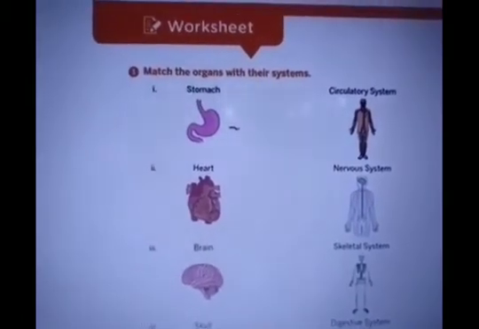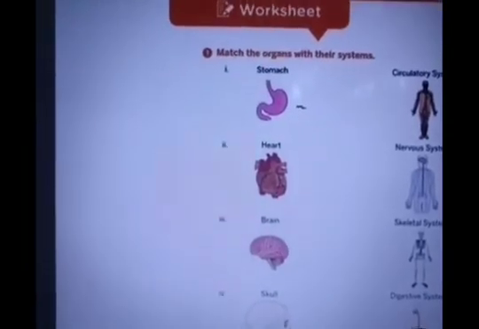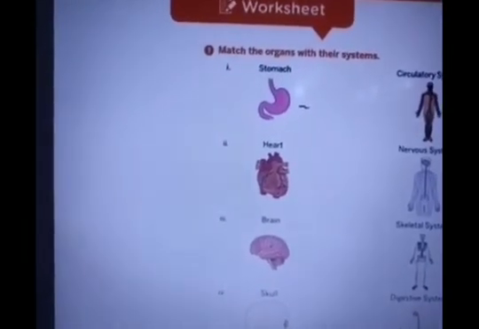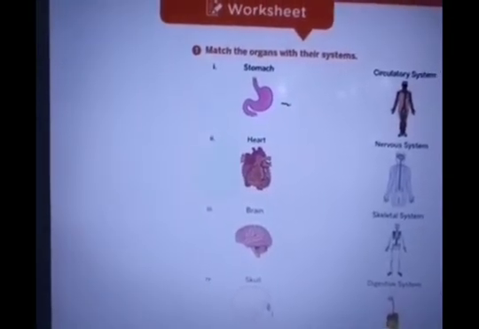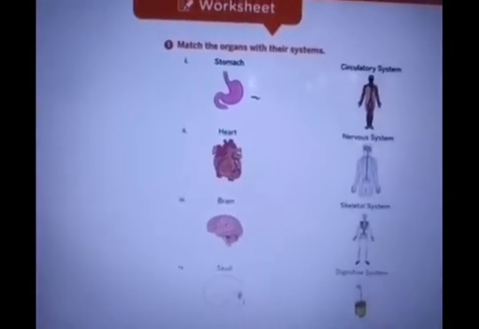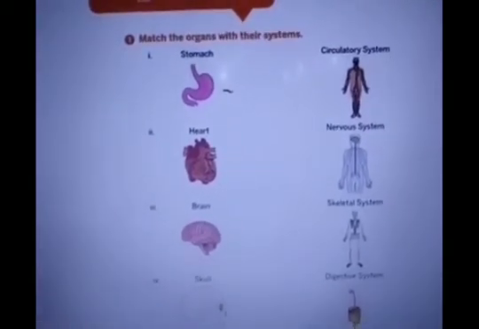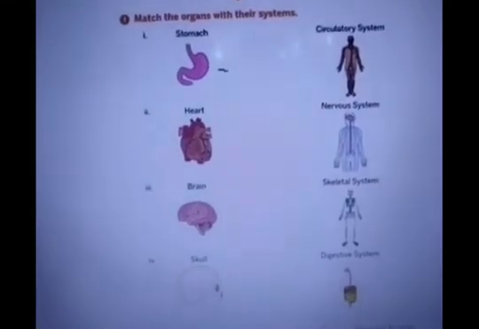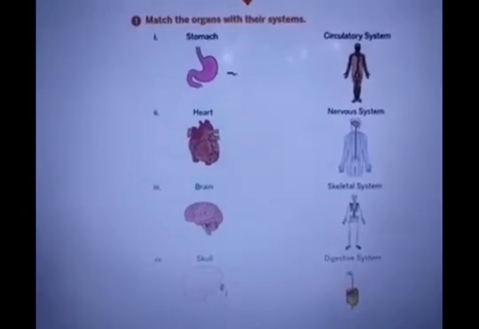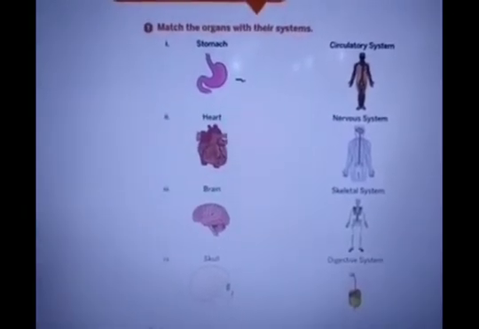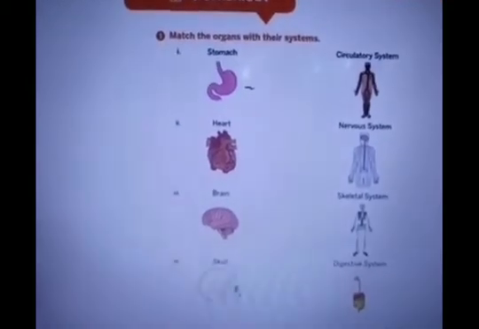On your left hand side, you have 4 organs: stomach, heart, brain and skull. On your right hand side, you have the systems: circulatory system, nervous system, skeletal system and digestive system. That means, children, here you are supposed to match the organs with their systems, right?